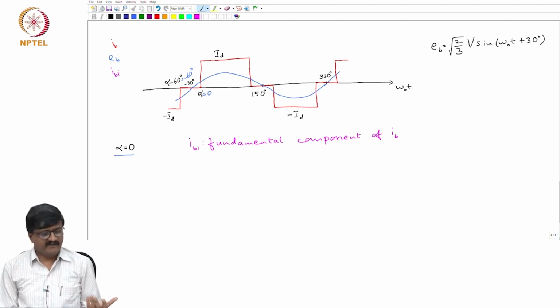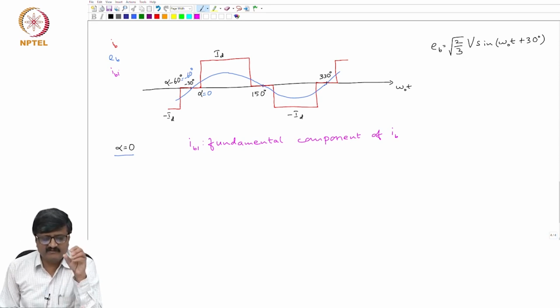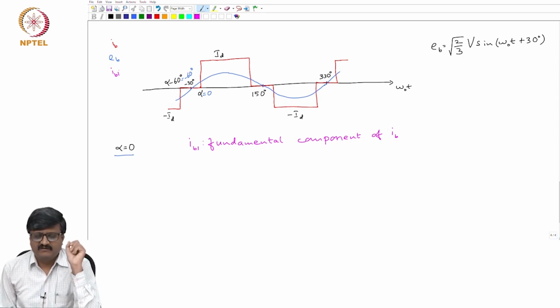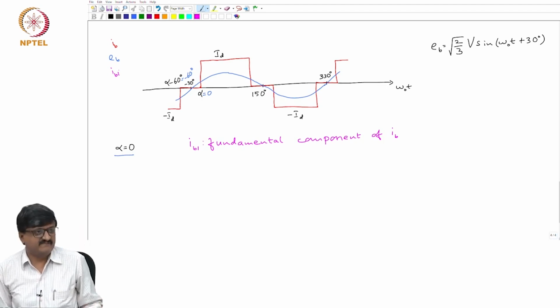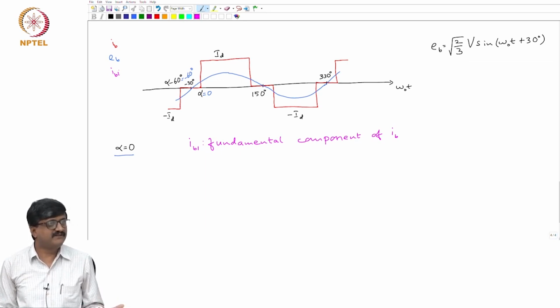By definition, fundamental component is a sinusoidal waveform. Any fundamental or harmonic component is a sinusoidal waveform. So, if I take this sinusoidal waveform IB1, how is it related to EB in phase? It is in phase with EB.